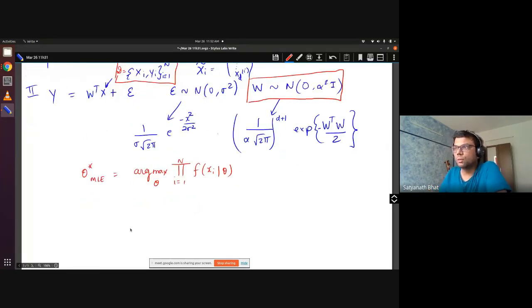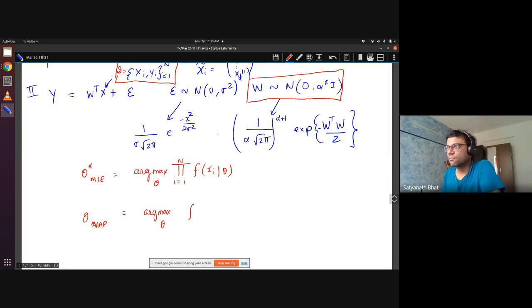Now, what do you do in MAP? If you want to use Bayesian estimation, that is typically called MAP. So first let's write this. You will look at the argmax over theta, and here you will look at the posterior.